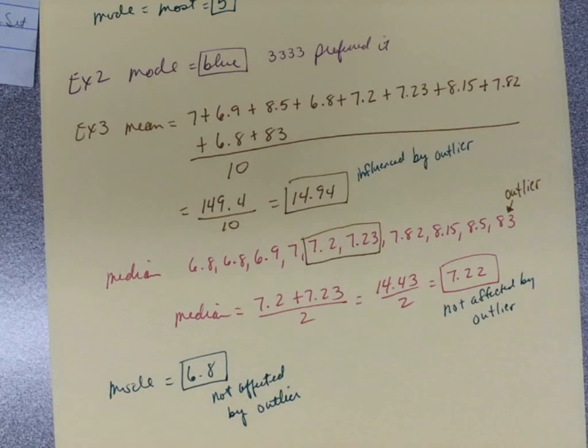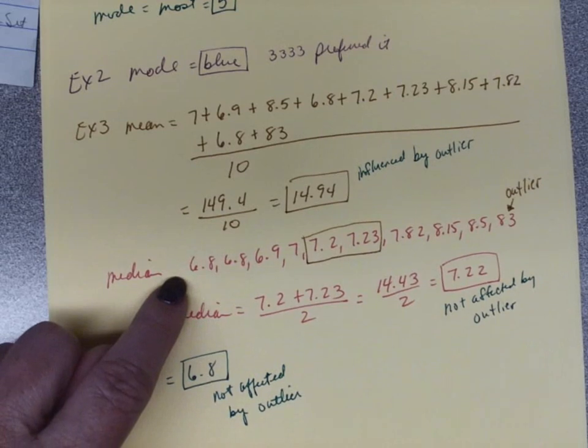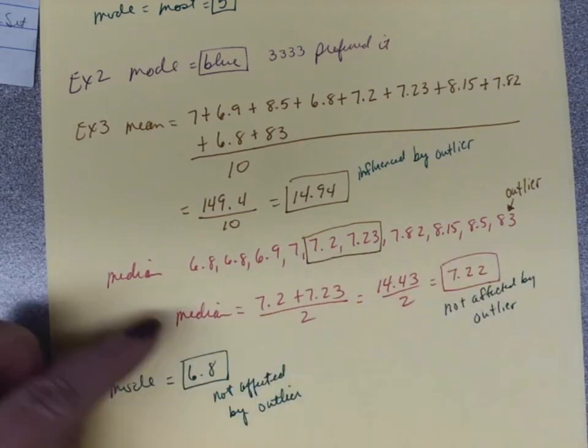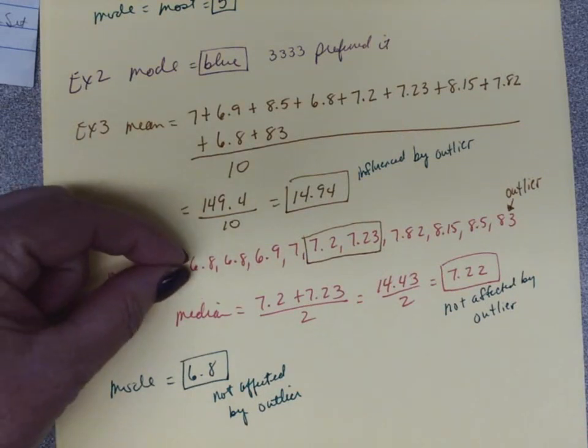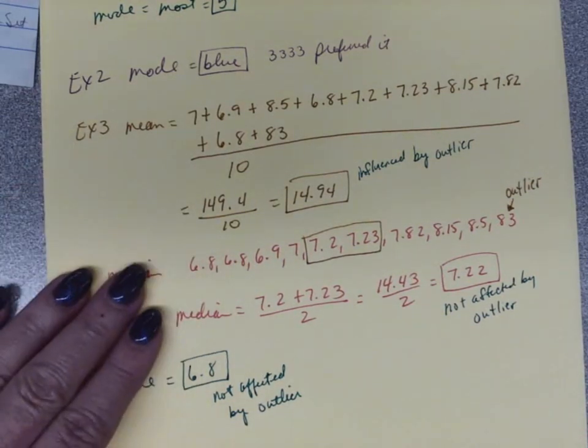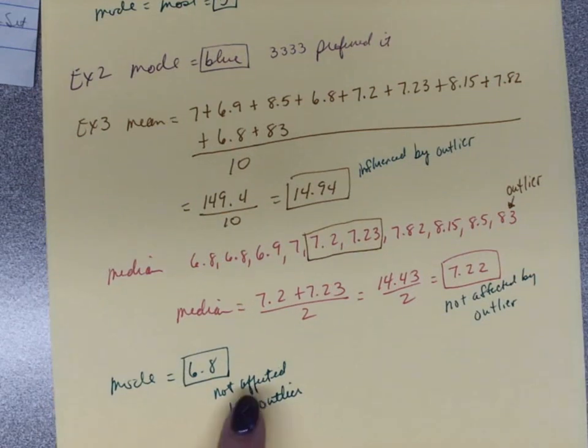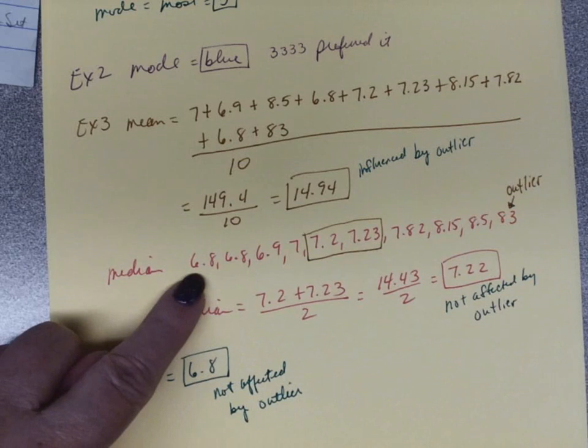However, if we look at our mode, the mode is 6.8. That is at the very end of our data set. Our mode is not somewhere in the middle. It's at the very first number that starts our list. So because we're looking at that, it's probably not going to be our best choice because it's at the end of the data set.